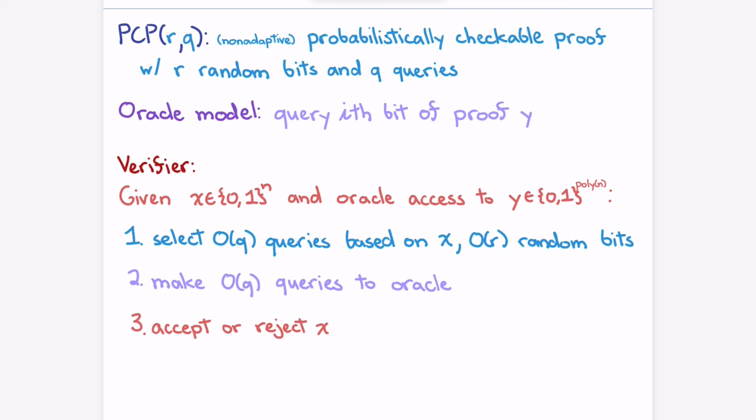You're going to choose your queries and then you're going to make them. I've only separated it into two steps to emphasize that it's not adaptive. So you decide just based on looking at X, and you can spend a long time looking at X to decide where you want to query. Then you look up those Q bits, Q queries. I don't know why I wrote big O of Q; it could be just Q. And then you decide whether to accept or reject X.